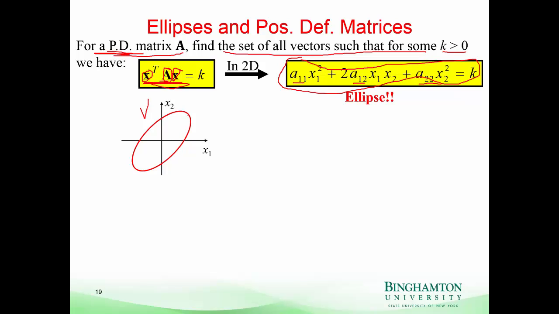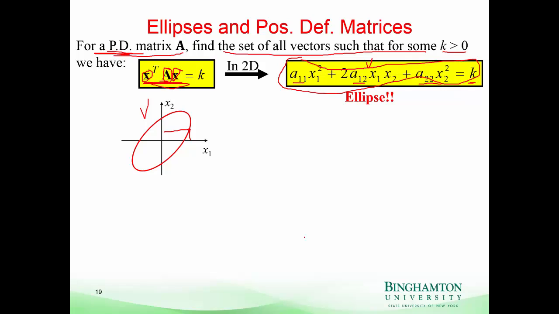So every point on this ellipse, so if I pick this point right here, and I put in that x1 value and that x2 value into this equation, it'll be equal to the value of k, whatever I set k to be. If I set k to be a little bit bigger, it'll give me the same orientation ellipse, just a little bit bigger. I set k a little bit smaller, it'll give me the same orientation ellipse, just a little bit smaller.